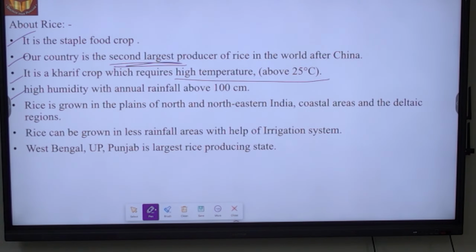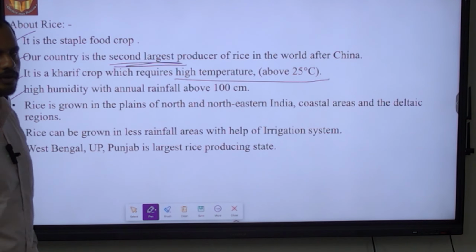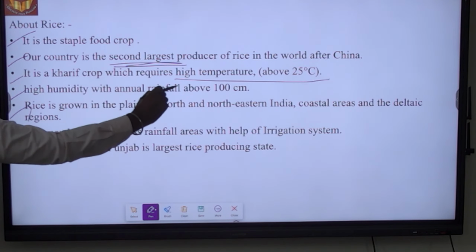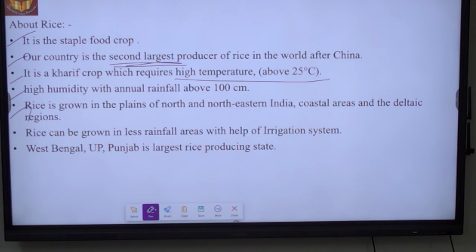Also, high humidity with annual rainfall above 100 centimeters is required for healthy growth of rice crops. Rice is grown in the plains of north as well as northeastern India, and in coastal areas as well as deltaic regions.